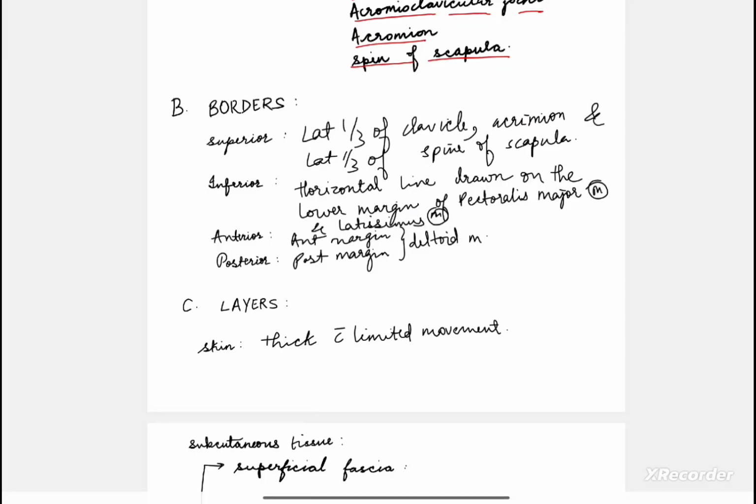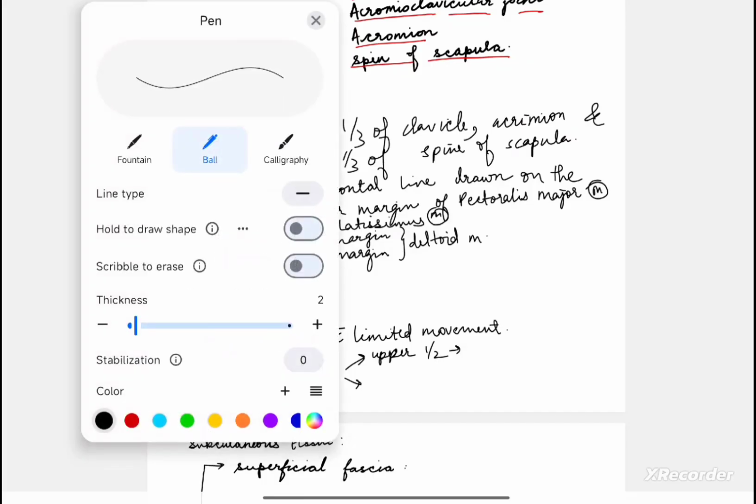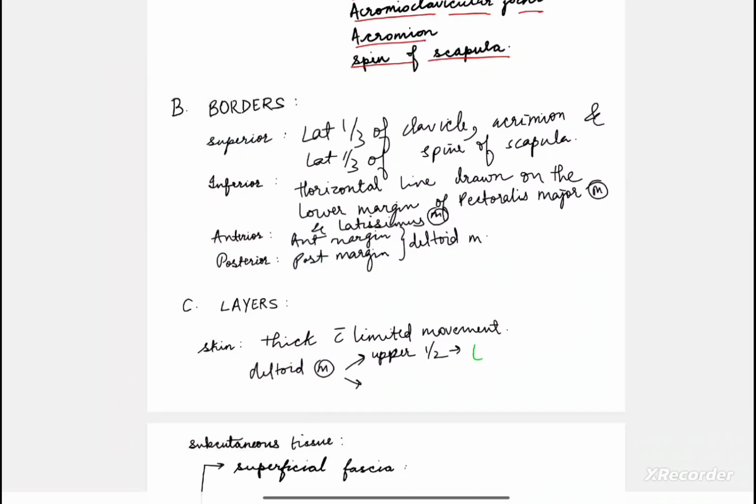Now in this region there is one muscle, the deltoid muscle. Near the skin, the upper half of the deltoid muscle is supplied by the lateral supraclavicular nerve.